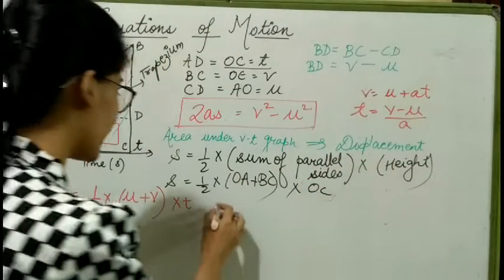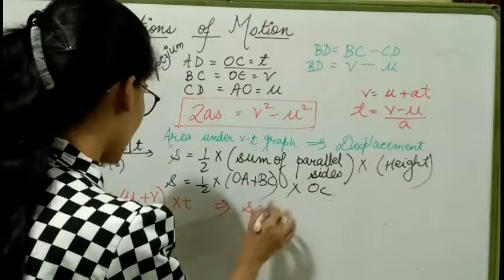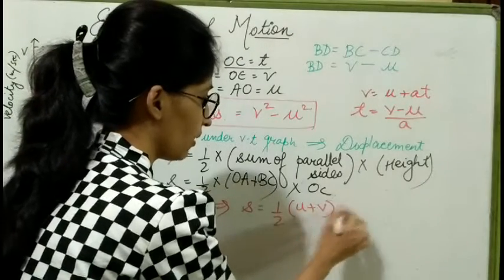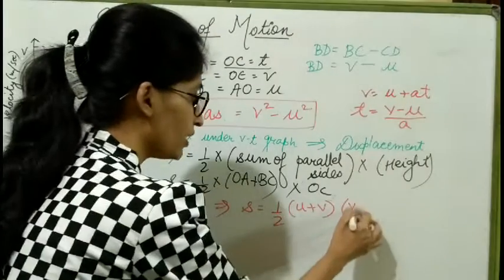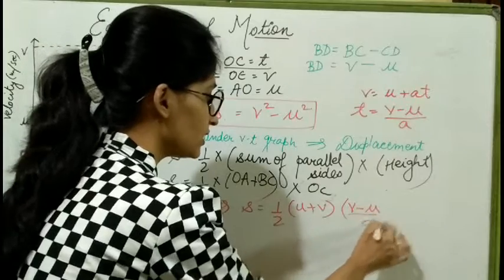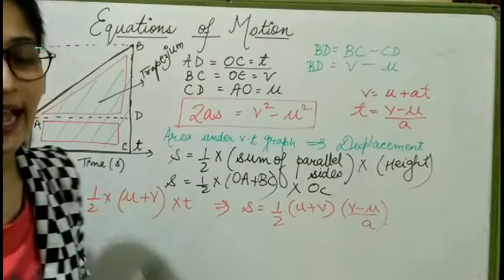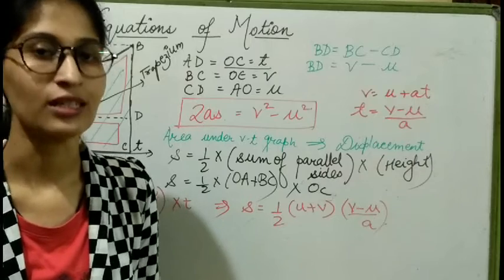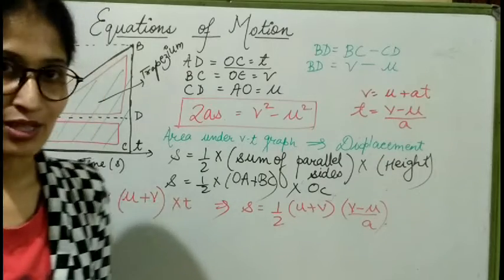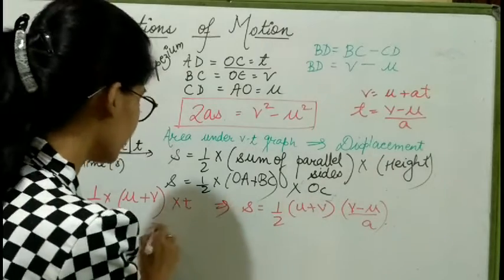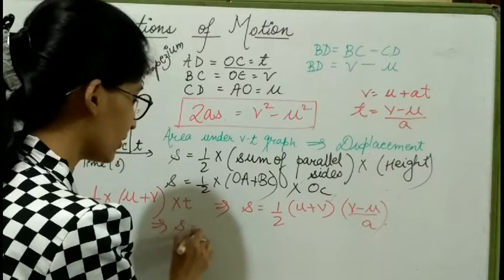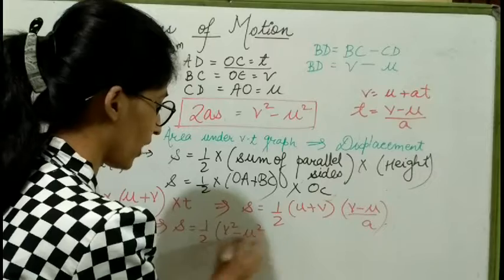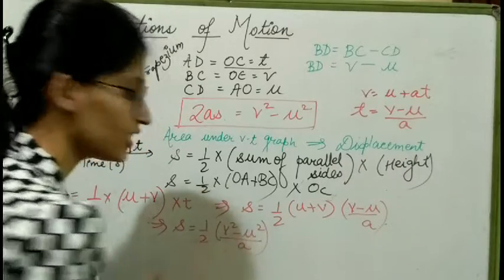It will become S equals half U plus V multiplied by V minus U upon A. We know that A plus B multiplied by A minus B is nothing but A square minus B square. So it will become S equals half V square minus U square upon A.